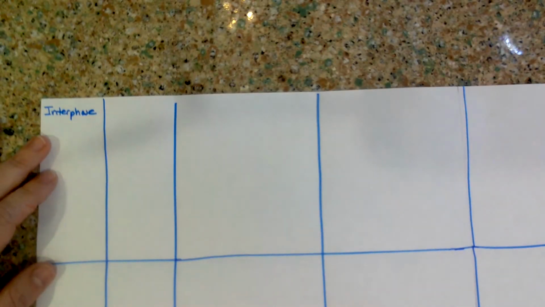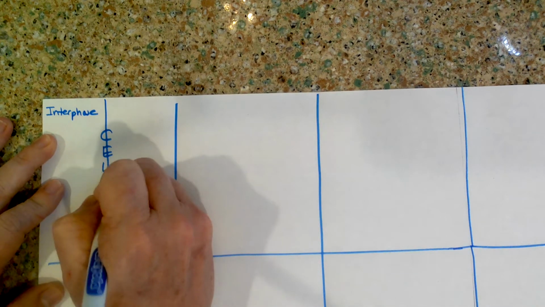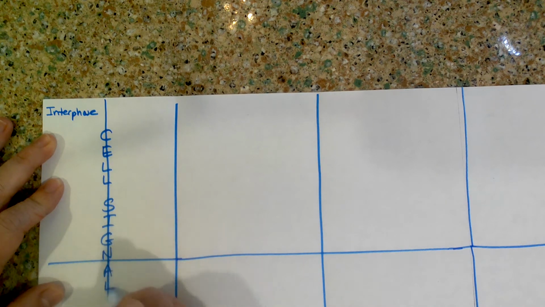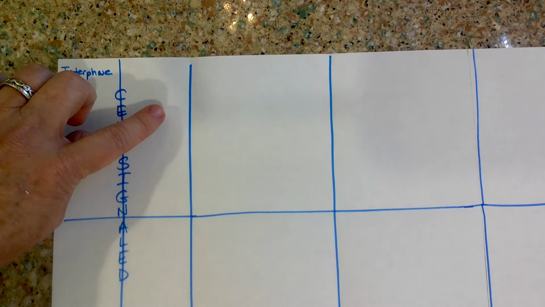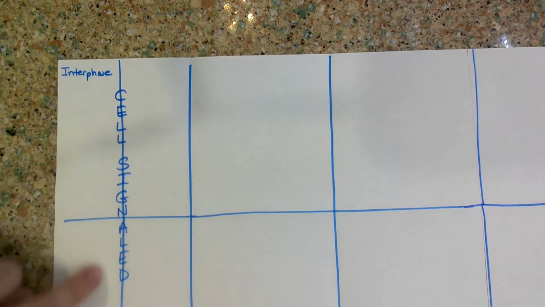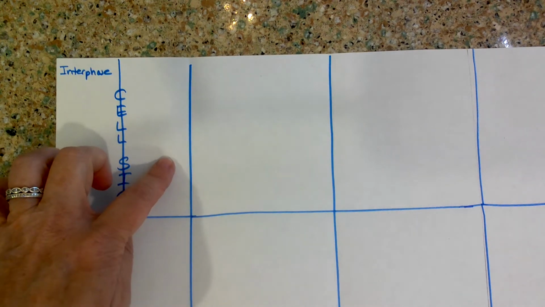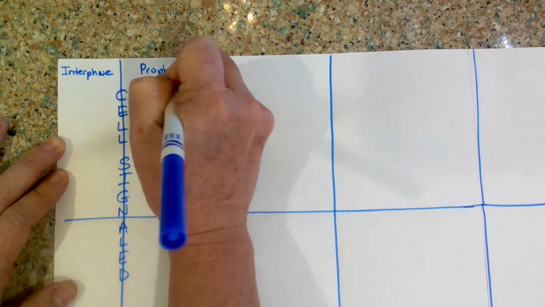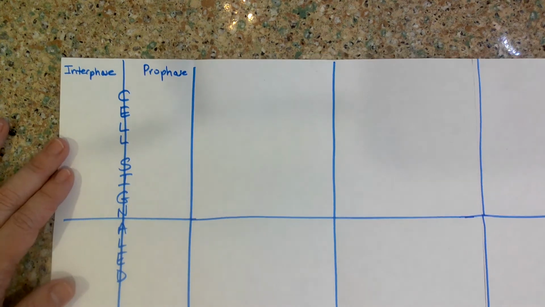And then along this line, I want you to write cell signaled, okay? So this is where between interphase and our first step here, the cell has to get signaled, and it's going to transition from interphase into prophase. Okay, so our first step of mitosis is going to be prophase.